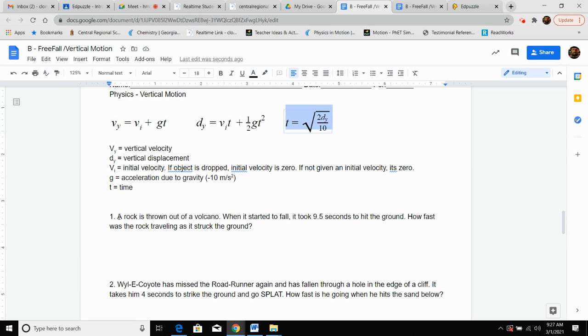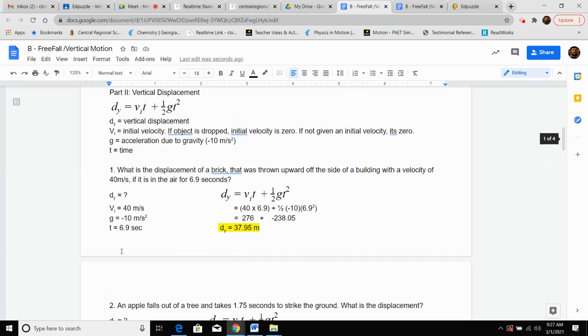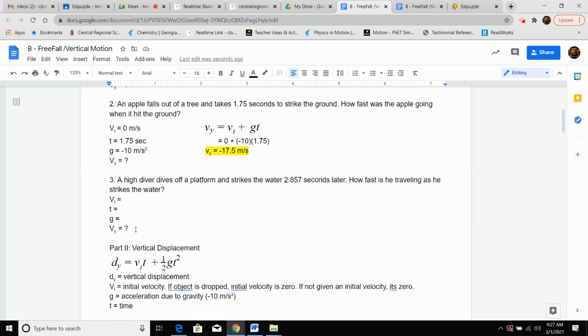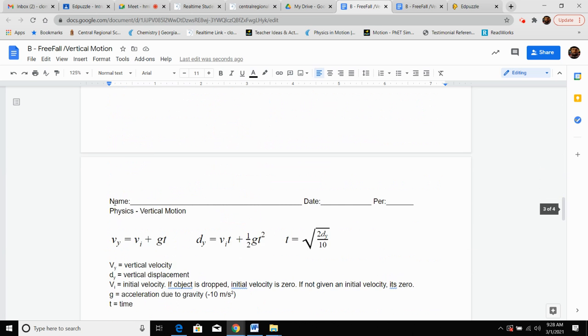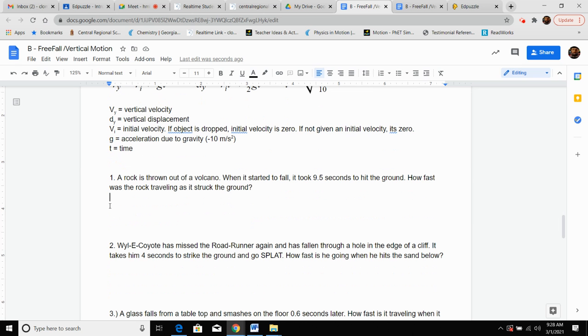So let's look at the first one. A rock is thrown out of a volcano. When it started to fall, it took 9.5 seconds to hit the ground. How fast was it traveling when it struck the ground? They wanted to know how fast. That's the equation that we're going to use. For me, I'm going to go up because we're looking for Vy. I'm going to copy that and paste it down here so I know exactly what variables I'm looking for.